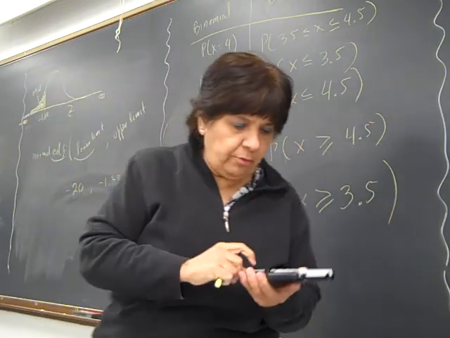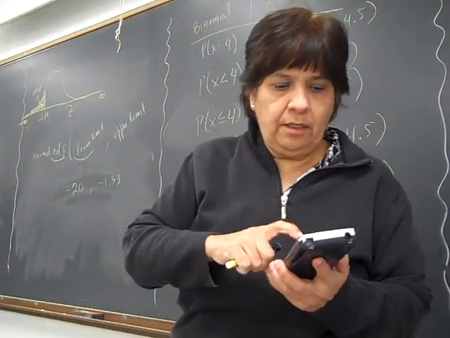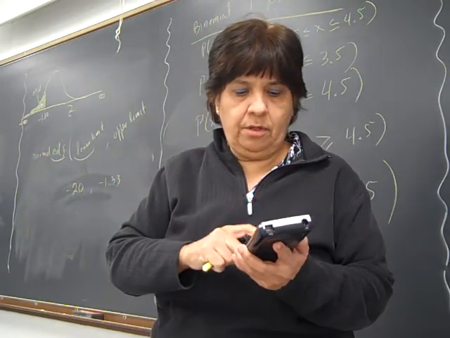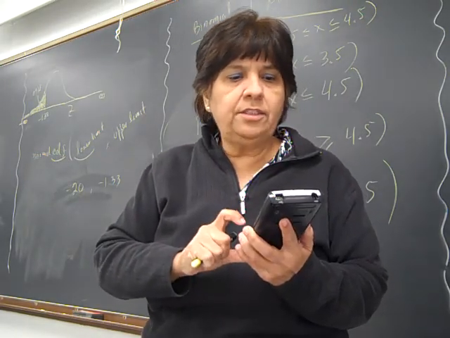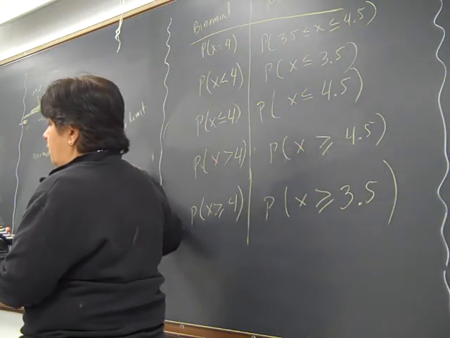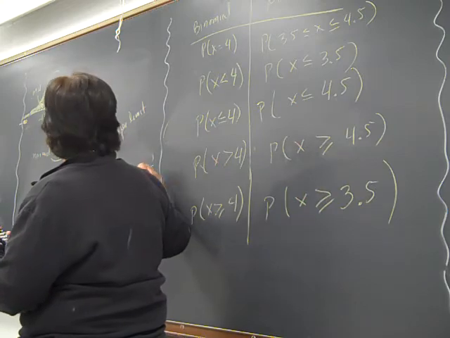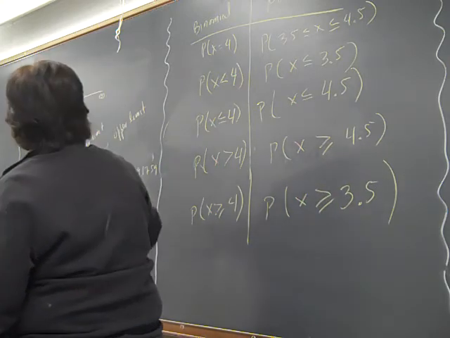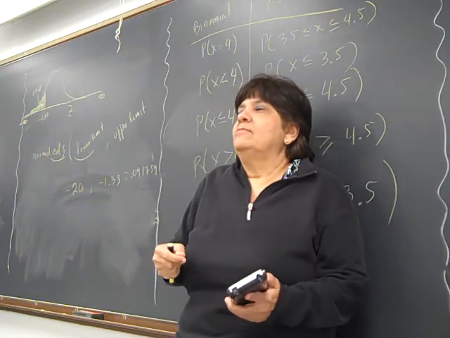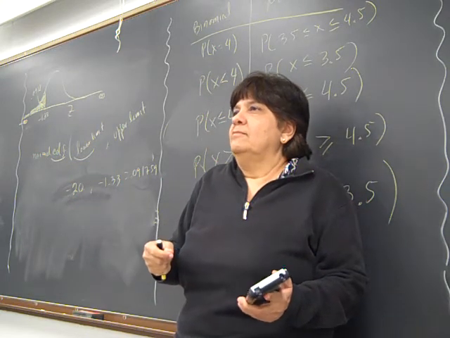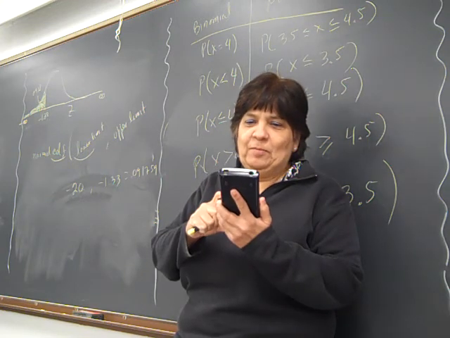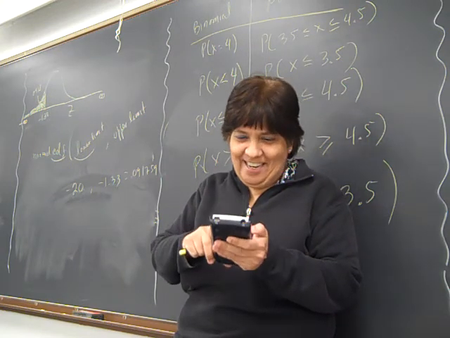Let's see what we have. Minus 20, comma, negative 1.33. Enter, and it gives me 0.091759 and so on. What if you put negative 10 there? Let me check it.